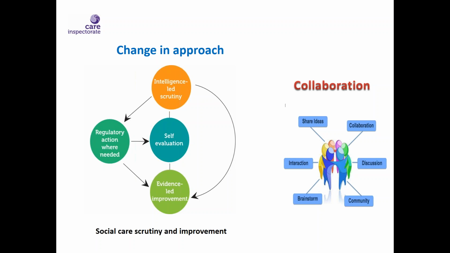There's obviously a new focus on outcomes, taking into consideration the health and social care standards. And we as an organisation have a key role in scrutiny, but also in supporting services to improve.